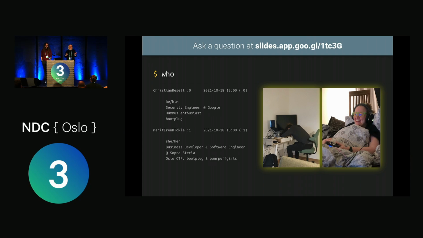I'm also part of Bootplug. I'm a board member of a security group called Oslo CTF for beginners to give them a good start in the security community. And I'm also part of the group for non-binary people and women, which is called Pound and Puff Girls.